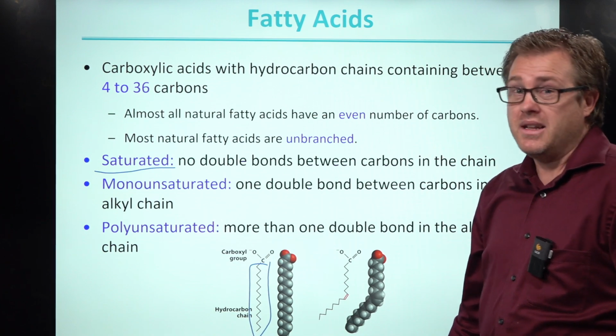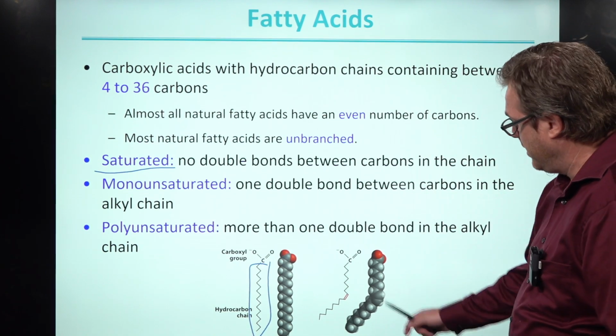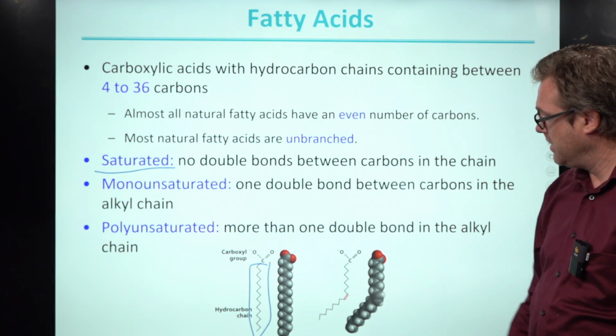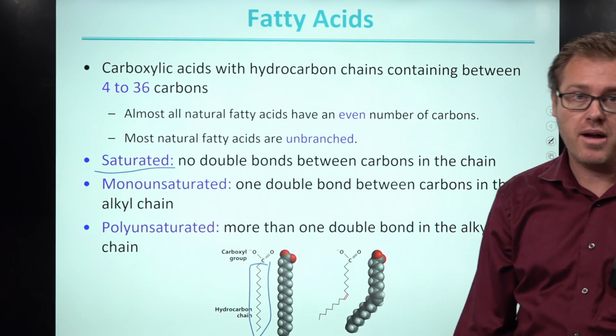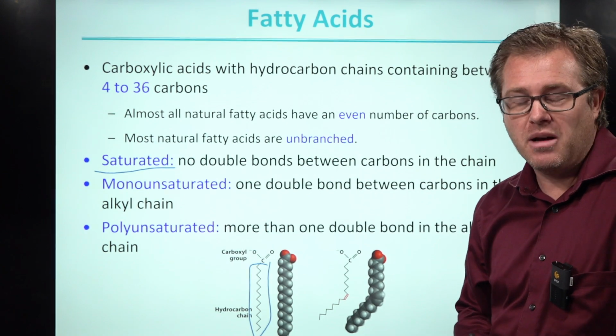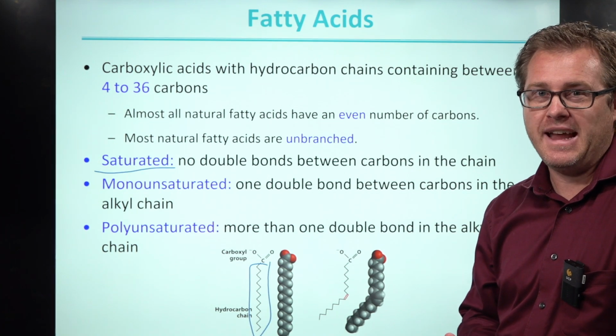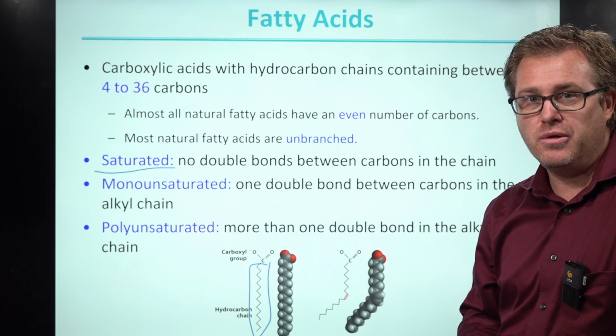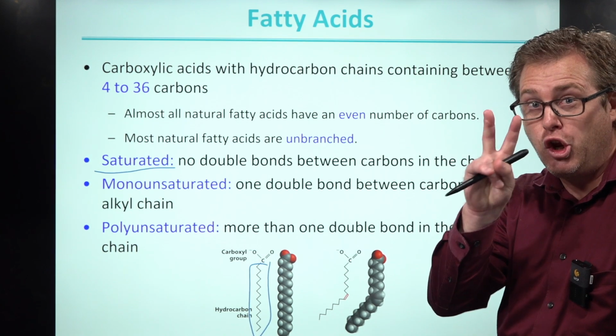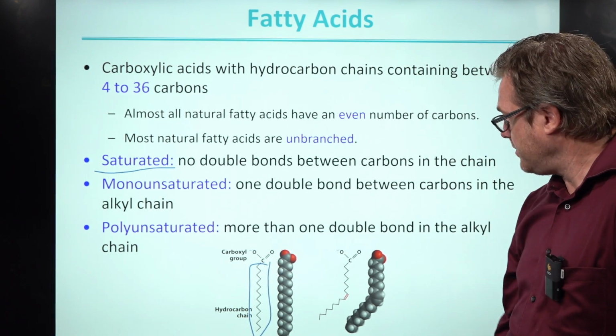A monounsaturated is this guy right here. That has a double bond in it. And when you add a double bond, what is that going to do to the hydrogen count? It's going to reduce the hydrogens by 2. Okay?